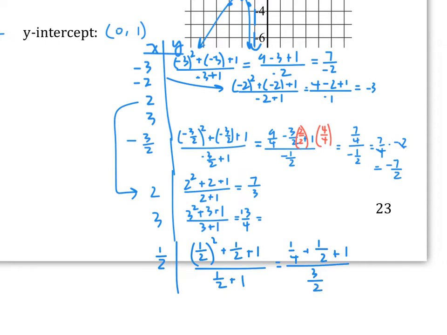Again, common denominator, multiply by 2 over 2, multiply by 4 over 4. This gives me 7 over 4 over 3/2. So 7 over 4 times the reciprocal, 2 over 3. That cancels, so 7 over 6. 7 over 6 is slightly over 1.